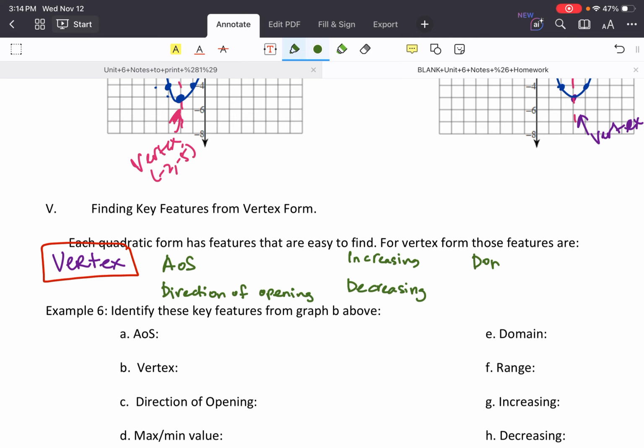It can give us both the domain and the range, because we have the vertex, and it can give us the max and min value. That is all our key features, but the most important one is the vertex. That's why we want vertex form. When we're getting key features, we want to know what it will give us. We want the vertex. Super, super, super important.